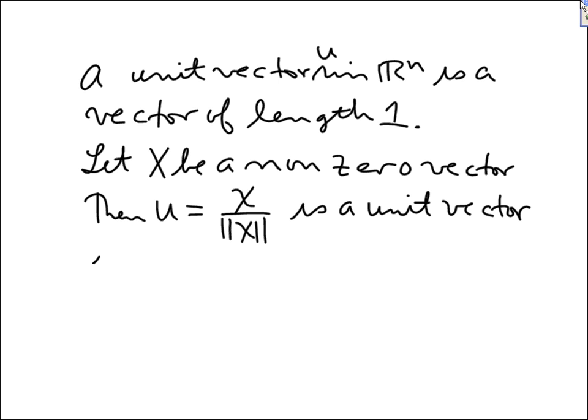It's a unit vector in the same direction as x itself. Why?